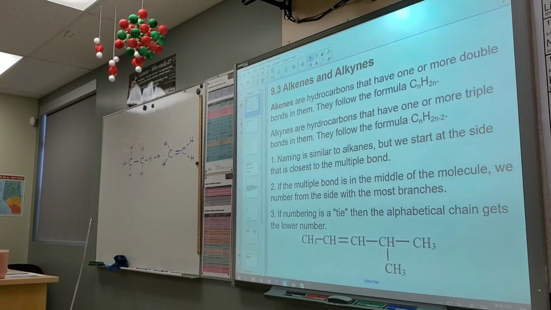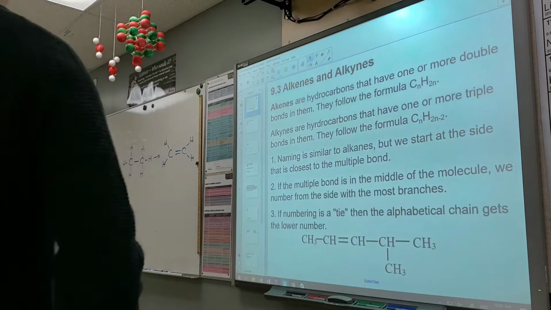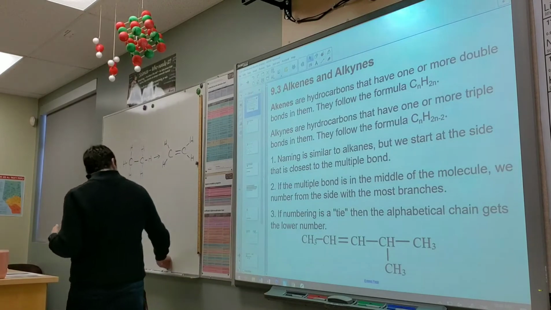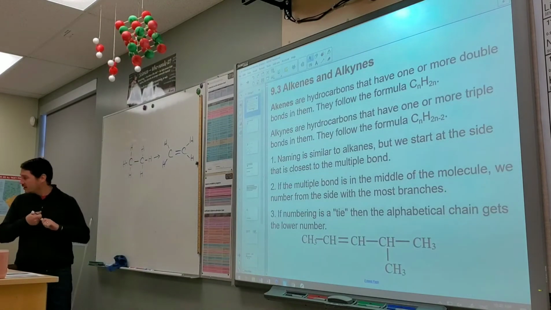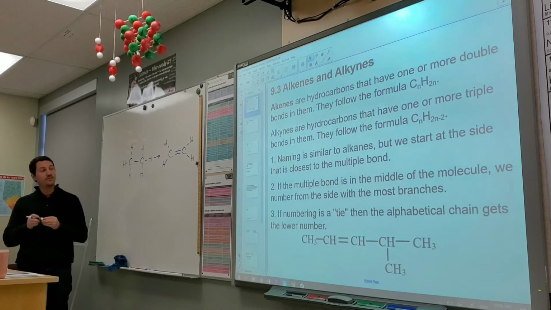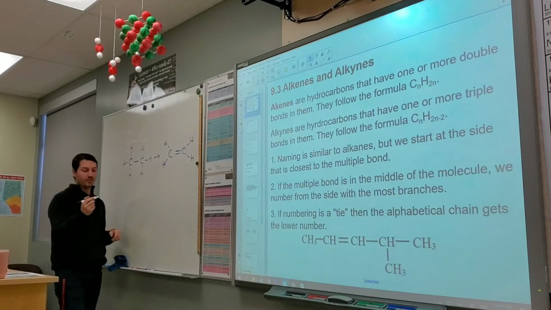Is that similar to something that we saw yesterday? Yeah. Cycloalkanes also represent 2 hydrogens being lost. And so now we've got more than one thing fitting this formula.